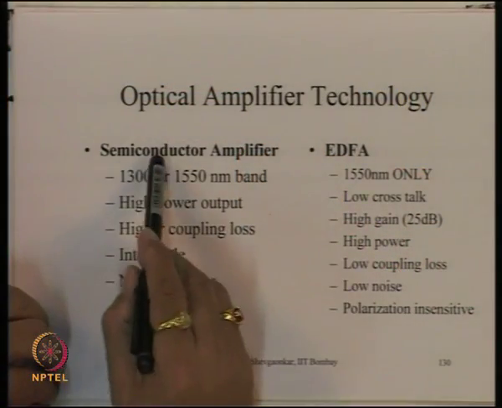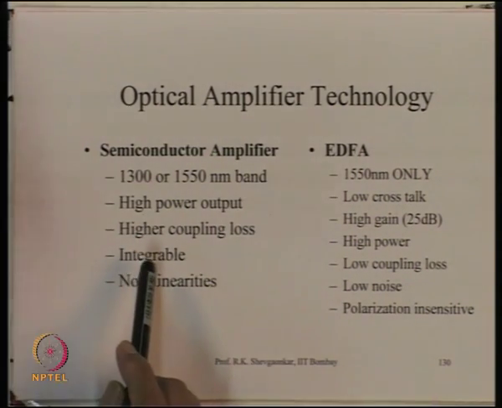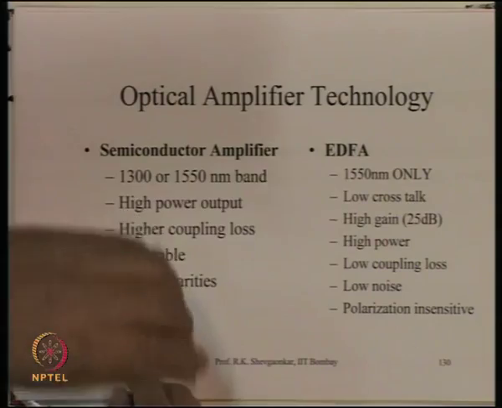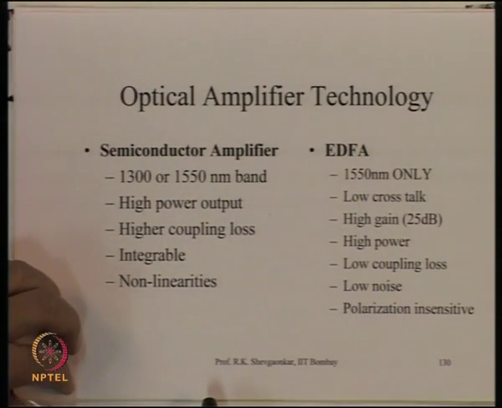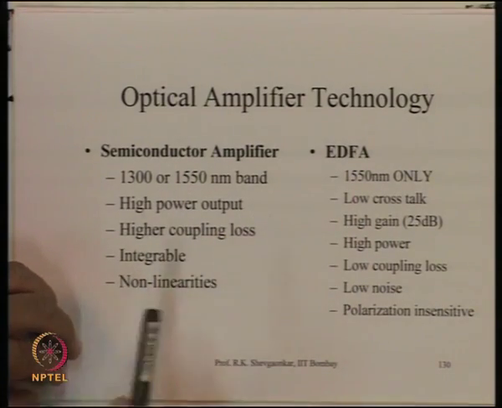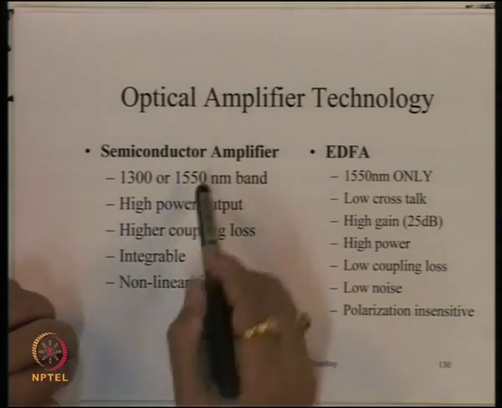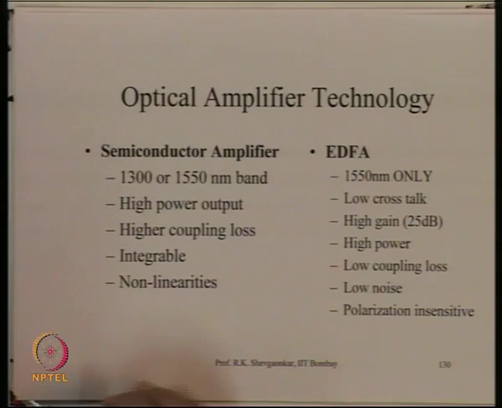After amplification, again the signal has to be coupled back into the optical fiber, and that gives you a significant loss. So, a semiconductor amplifier has a higher coupling loss from fiber to the amplifier and from amplifier to the fiber. It is integrable because it is an electronic semiconductor device, and this amplifier also has high nonlinearities.